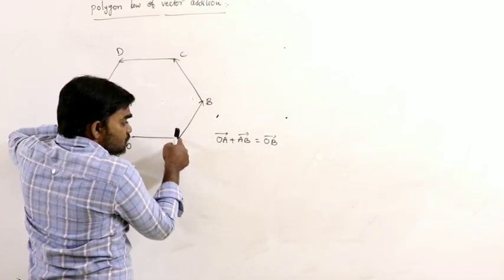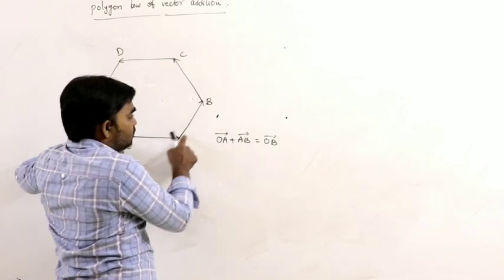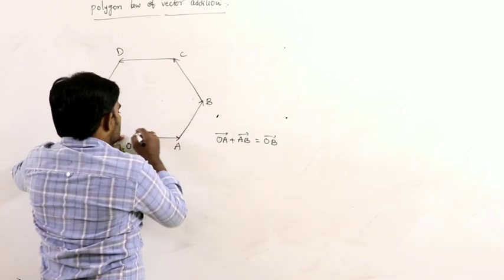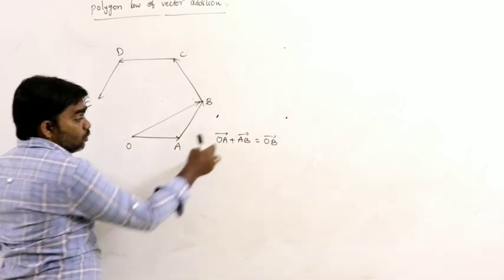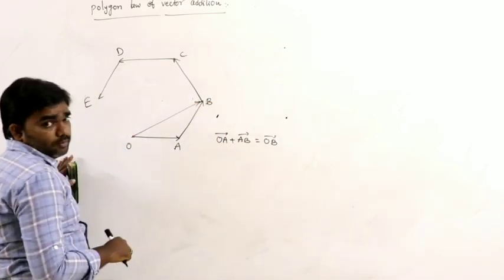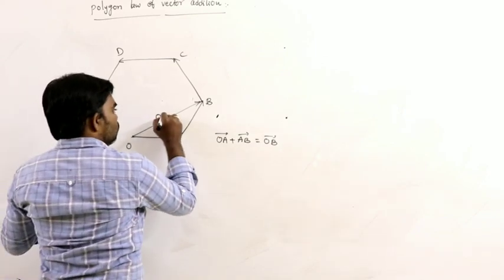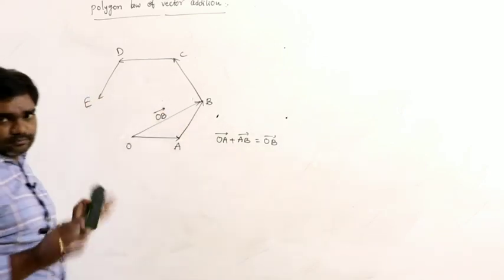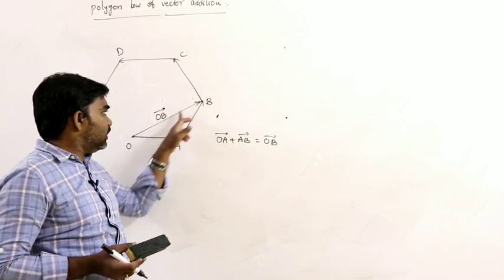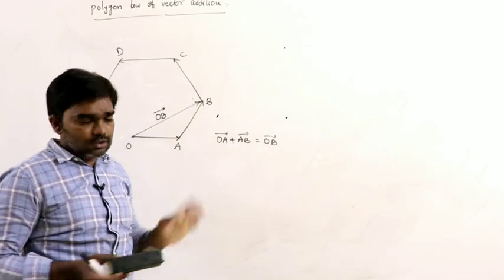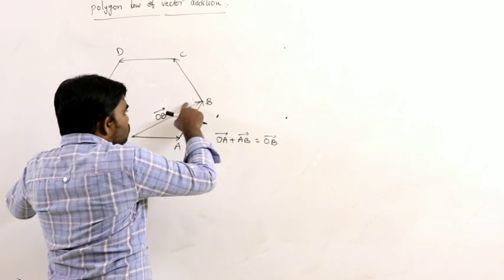The second vector starts from the final point of the first vector. So the resultant of these two is OB bar. In place of OA bar and AB bar, I am writing OB bar, no doubt about that.